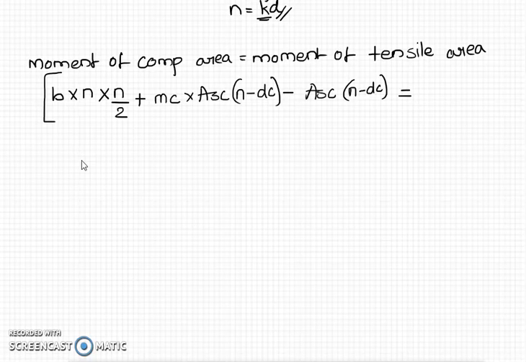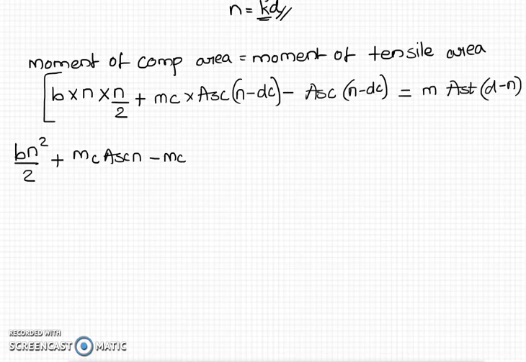What is the moment of tensile area? It is the same, M times AST, that is area of steel, and the distance is D minus N, again from the neutral axis till the center of the reinforcement. So now we can rewrite this equation as Bn square by 2 plus MC ASC into N minus MC ASC into DC minus ASC into N plus ASC DC.